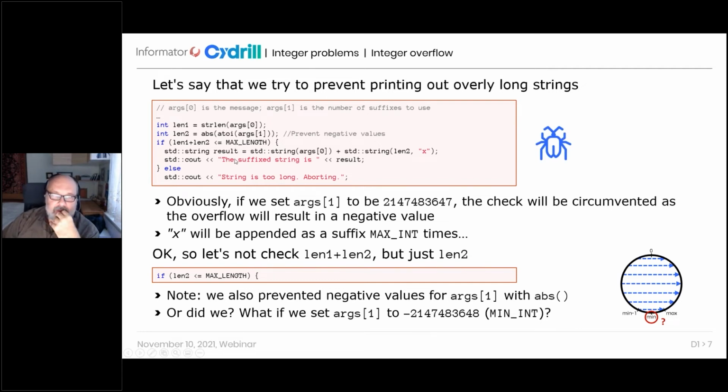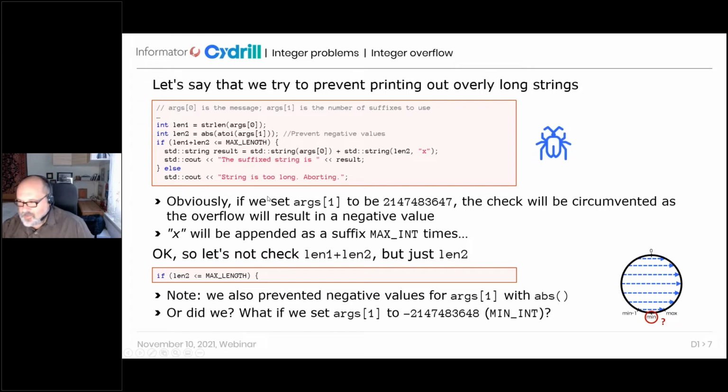But obviously, from now on, whenever you see an arithmetic operation in your code, you will think, okay, but can that overflow? And of course, it can. So here we have an unfortunate situation: len2 is obviously provided by the user, which means provided by the attacker, set by the bad guy.